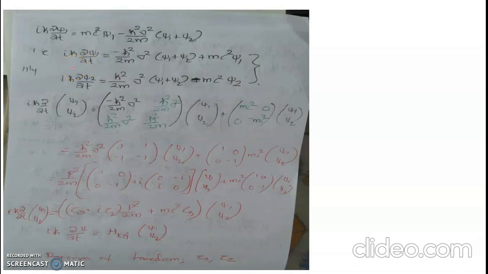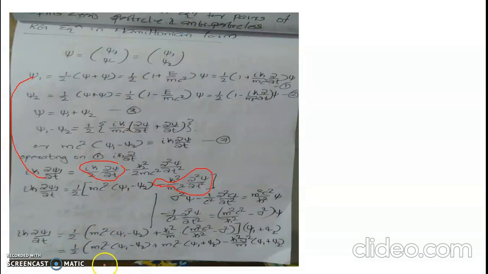That is iH cross dou psi 1 by dou t equal to mc square psi 1 minus h cross square by 2m del square into psi 1 plus psi 2. There are some identical terms, we omit them. mc square psi 1, mc square psi 1, 2mc square psi 1 minus mc square psi 2 plus mc square psi 2 vanishes, minus h bar square by 2m del square into psi 1 plus psi 2.